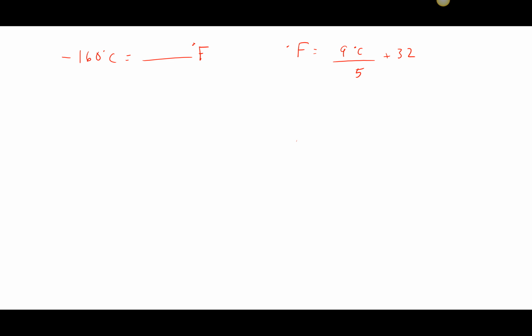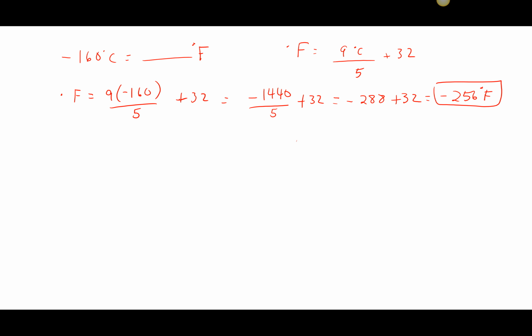All right, so we're looking for negative 160. So that's going to equal 9 times negative 160, divided by 5, plus 32. So 9 times negative 160 is negative 1440, divided by 5, plus 32. So now you have to do negative 1440 divided by 5, which is negative 288, plus 32. And that's going to equal negative 256 degrees Fahrenheit. Okay, so that's how you do your temperature conversions.